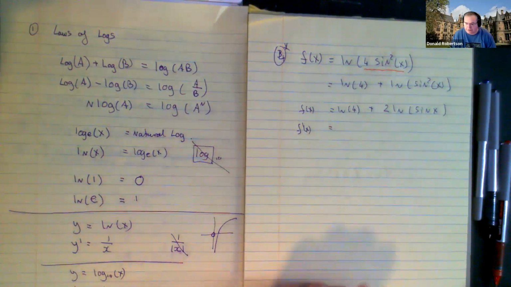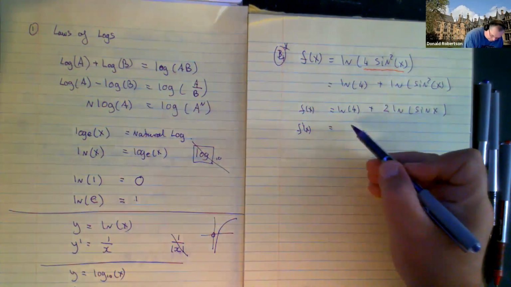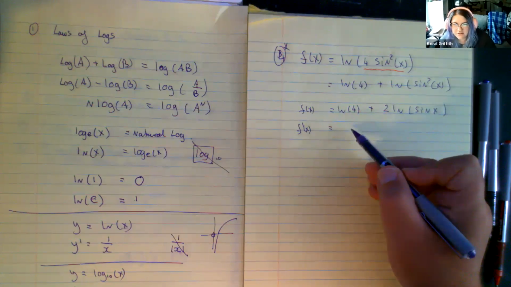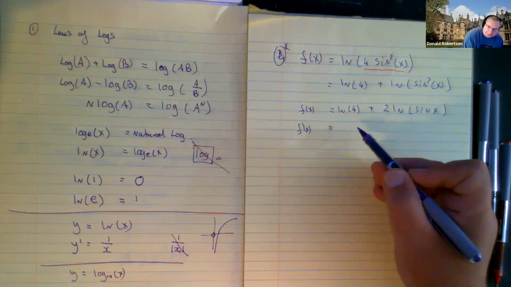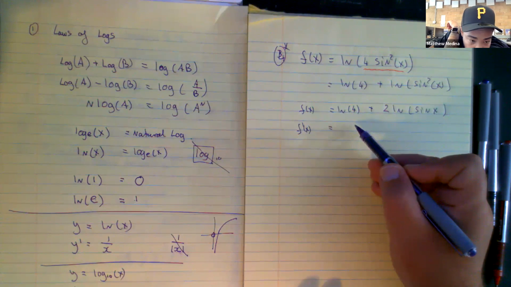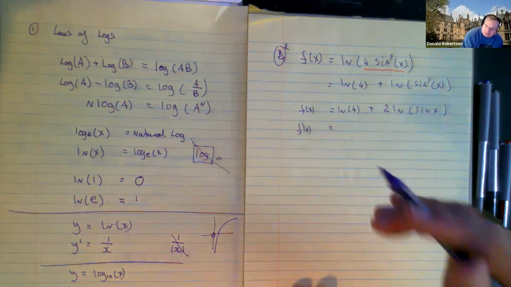Okay, what do you get if you differentiate the log of 4? Is it 1 over x? It's not 1 over anything. Natural log of 4 is just a number like 1.8.